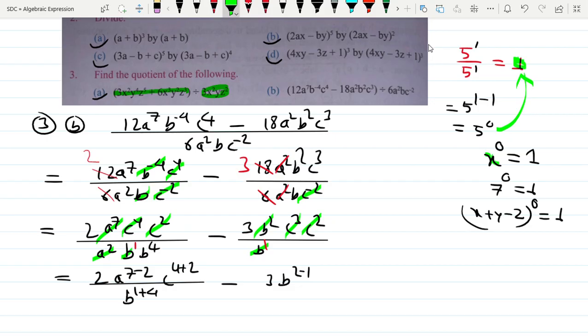So as they are getting multiplied, their powers we have to add. c power 5 we get, and this way we get the result 2a power 5 c power 6 divided by b power 5 below, and then minus 3 b power 2 minus 1 is 1, we need to write 1, and c power 5. So this way we get the answer of 3b also.